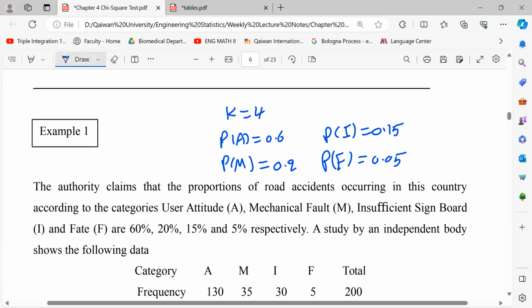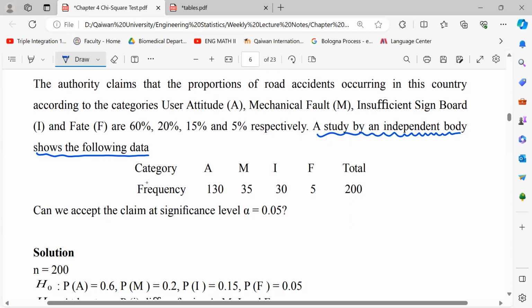It says, a study by an independent body shows the following data. We have A 60 times, M 35 times, I 30 times, and F 5 times. And the total number of trials is 200.